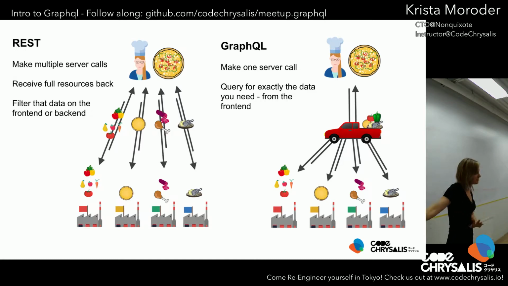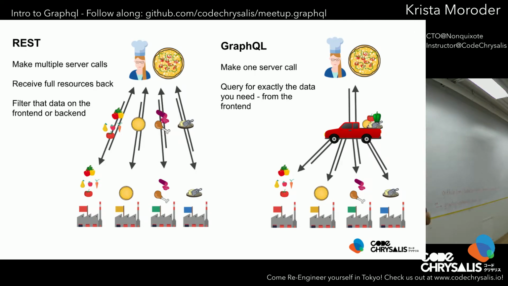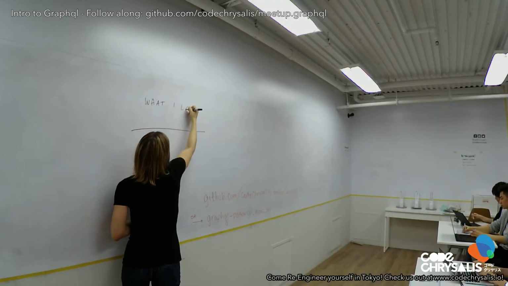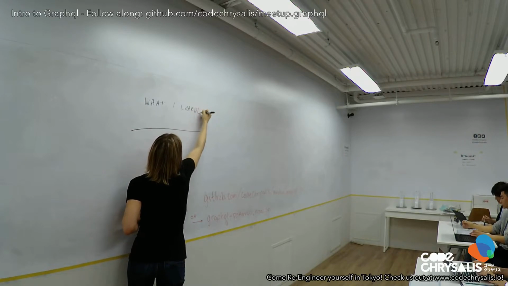Okay, I'm going to leave this up for a second. With the person next to you, try to repeat what we just talked about, all right? Actually, let's do it this way. Draw a line in the middle of your whiteboard right now. On the top part of the line, I want you to write what I learned, or what you already knew about GraphQL, that's fine too.